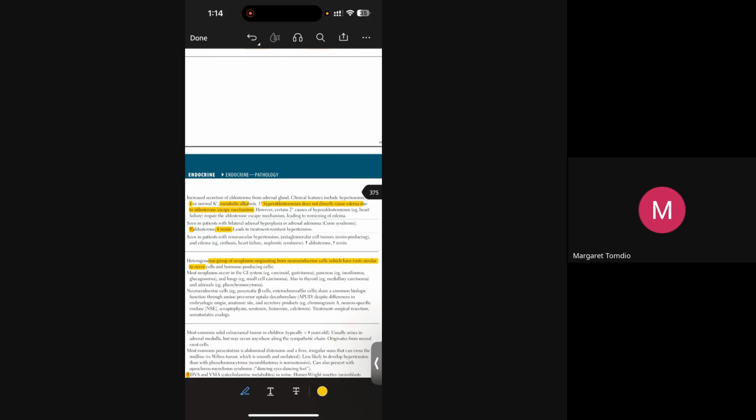That higher blood pressure is detected by those cells, and they release ANP and BNP, which excrete the excessive sodium and water into the urine, and in this way we see a decrease in the blood pressure. There will be no edema, and there will be normal sodium. This is called the aldosterone escape mechanism.